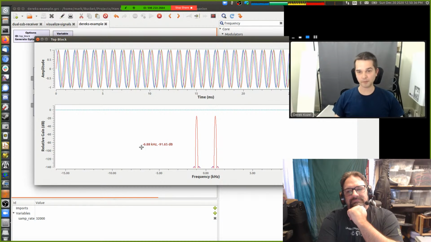What you get is that main central carrier, and then you get two sidebands. You get the upper and lower sidebands, and they're mirror images of each other.